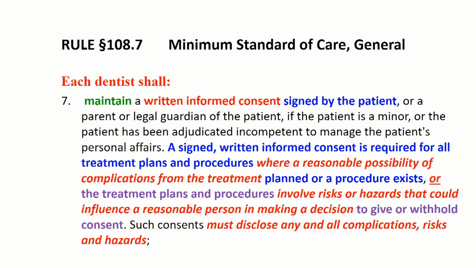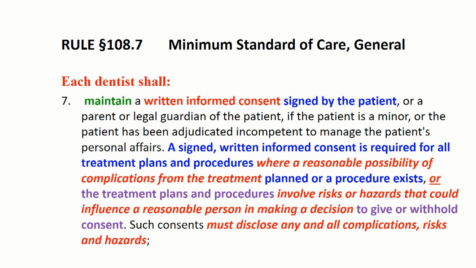Another issue that pops up with informed consent is the situation where you may present a treatment plan to a patient on any particular date, but you actually don't do the procedure until 2 weeks later. For example, you might present a treatment plan on January the 15th that includes the extraction of 2 maxillary teeth in 2 separate quadrants.